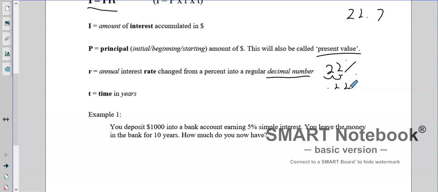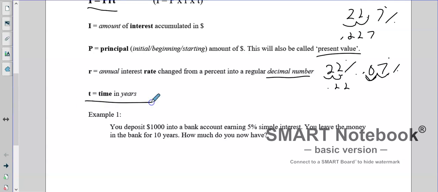But if we have something like 7%, we need to fill in that little spot, put in your egg, 0.07. And for 22.7%, it's still 2 places, so it would be 0.227. You keep the numbers. Just a quick review on converting.